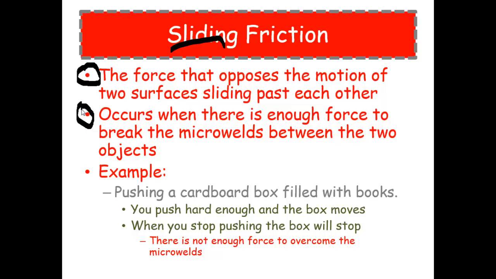So you're pushing a cardboard box, for example, you push hard enough to make it move, and of course if you stop applying enough force to where the box no longer moves, that sliding friction has gone back to static friction.